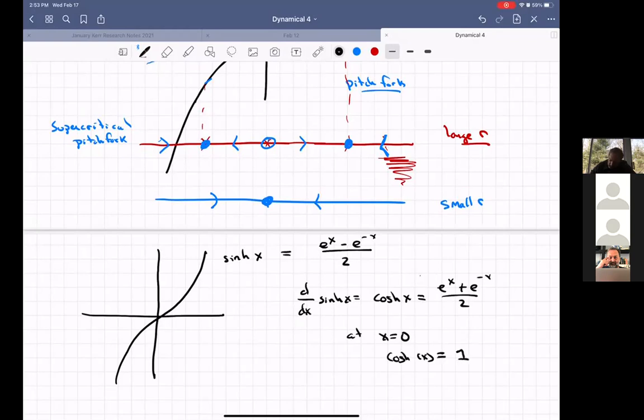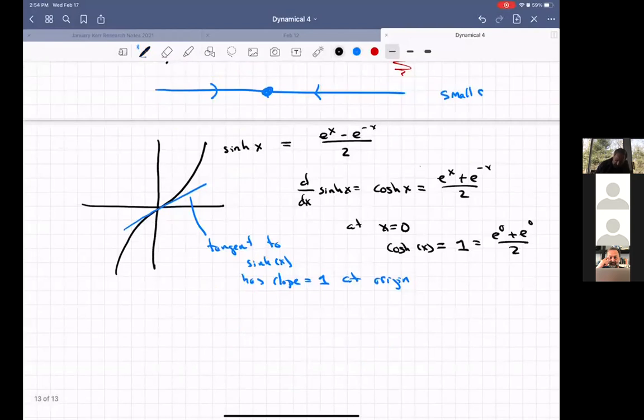Because I would have e to the 0 plus e to the 0 over 2, is 1 plus 1 over 2, is 1. Okay, everybody happy with that? That makes sense? Yep. So that means that the tangent line to the sinh of x has a slope equal to 1 at the origin.